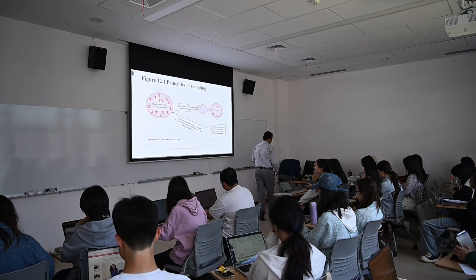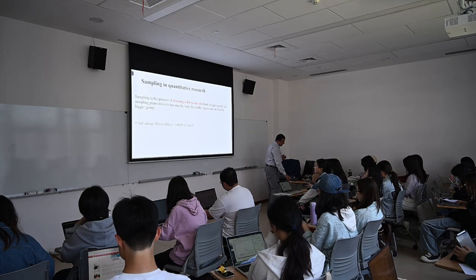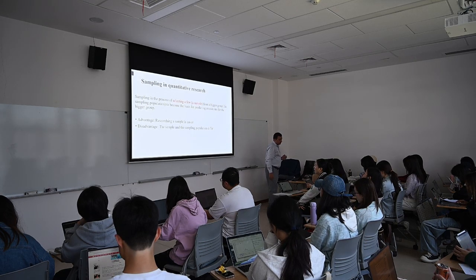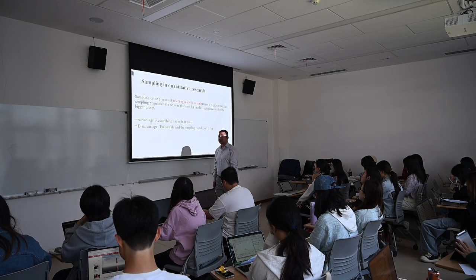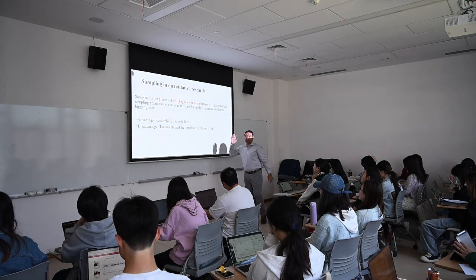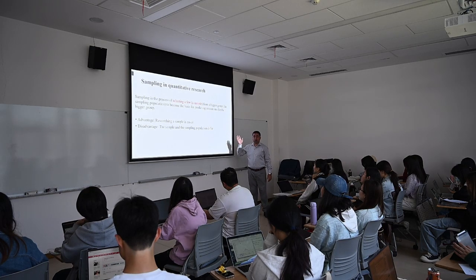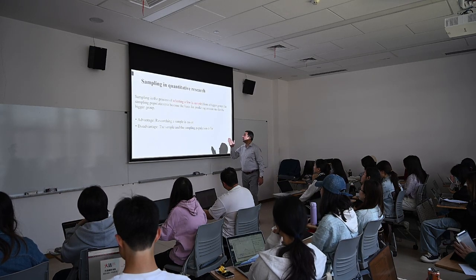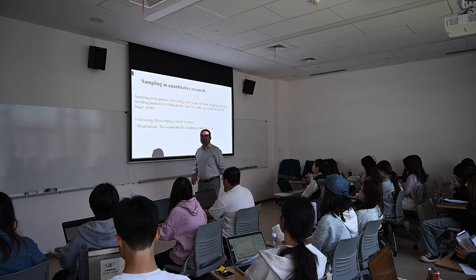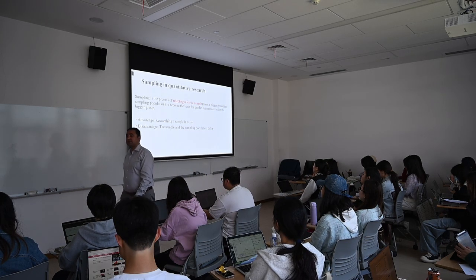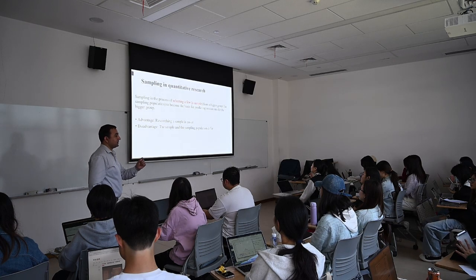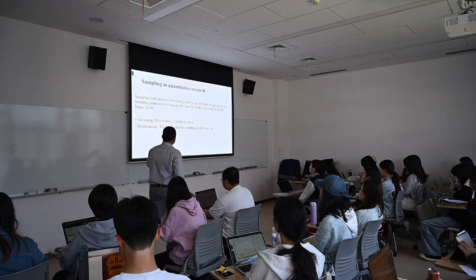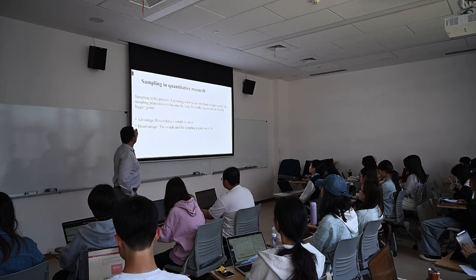This is the concept of sampling. And here is the definition of sampling in quantitative research. Sampling is the process of selecting a few, a sample, sampling units, elements, respondents, participants, from a bigger group.